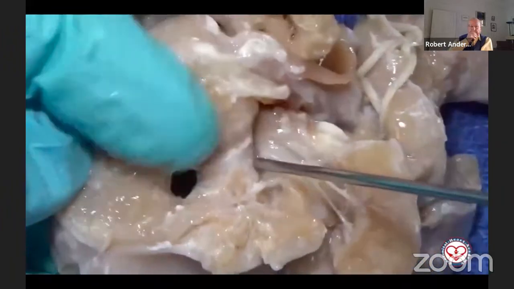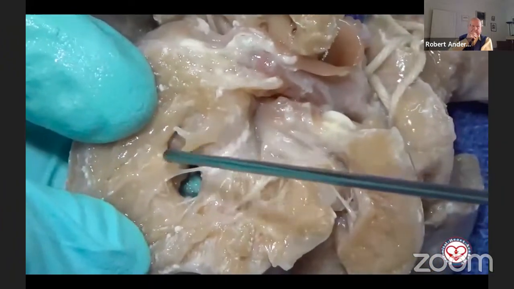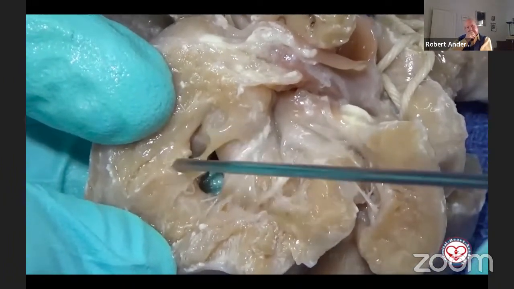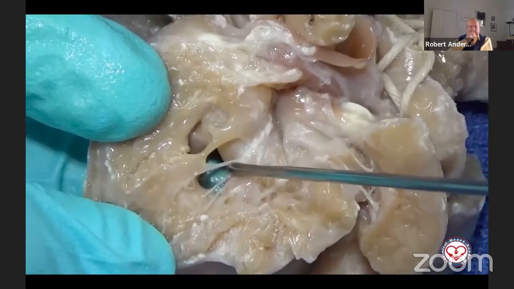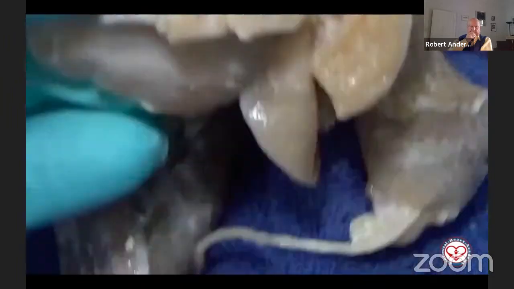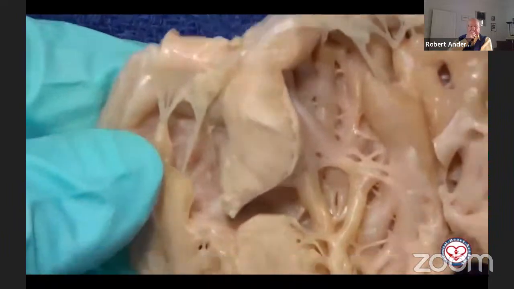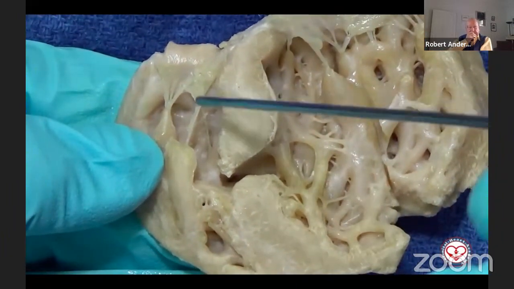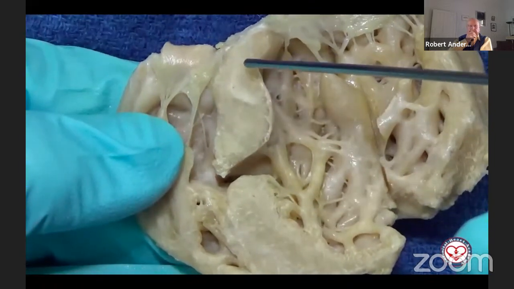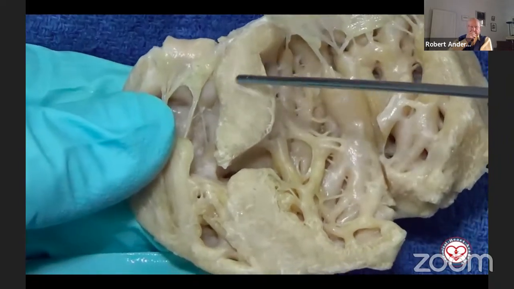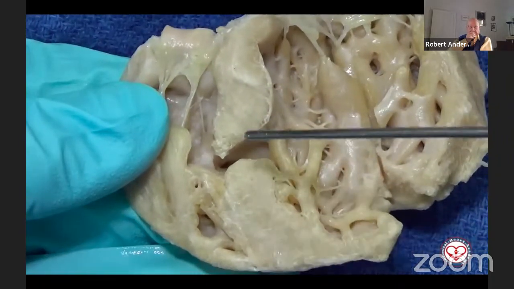So if we look at the left ventricular side of this mid-septal muscular ventricular septal defect, there you see that muscular bar and a few tendinous cords extending across the expanse of the defect. If we look at a 4-chamber view of a mid-muscular ventricular septal defect, here you can see the tricuspid valve in the right ventricle, the left ventricle, and some of the mitral valve, and this is the interventricular septum.